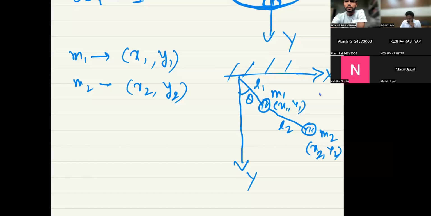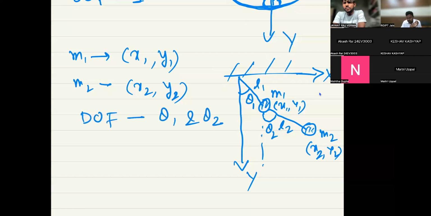Two, sir. Yes, whoever said 2, that is correct. Let's say this is theta 1. This mass m1 has angle theta 1, and if you know from this vertical line the angle theta 2, then this will completely specify the system. So in this case the degrees of freedom is 2: theta 1 and theta 2.